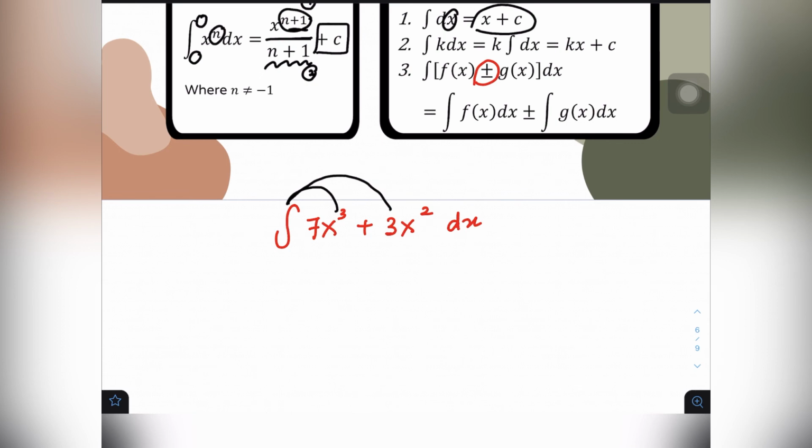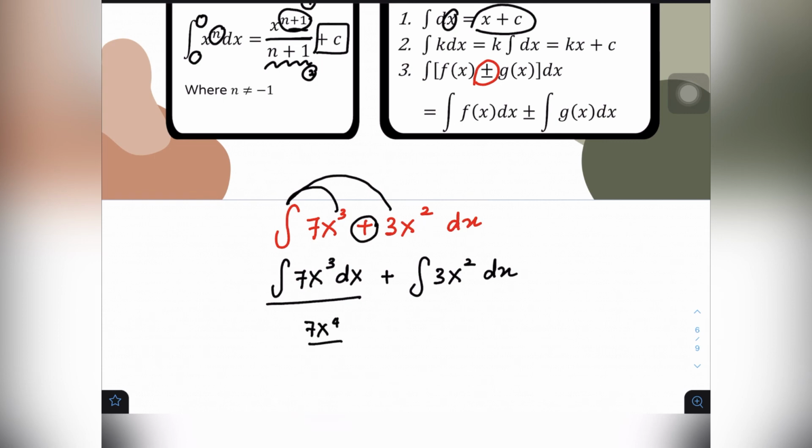So you get the integration of 7x to the power of 3 dx plus, following the sign here, the integration of 3x to the power of 2 dx. We separate both functions, but you still need to do the same process. Integrate this one, you get 7x to the power of 4 over 4 plus, integrate this one, you get 3x to the power of 3 over 3 plus c.